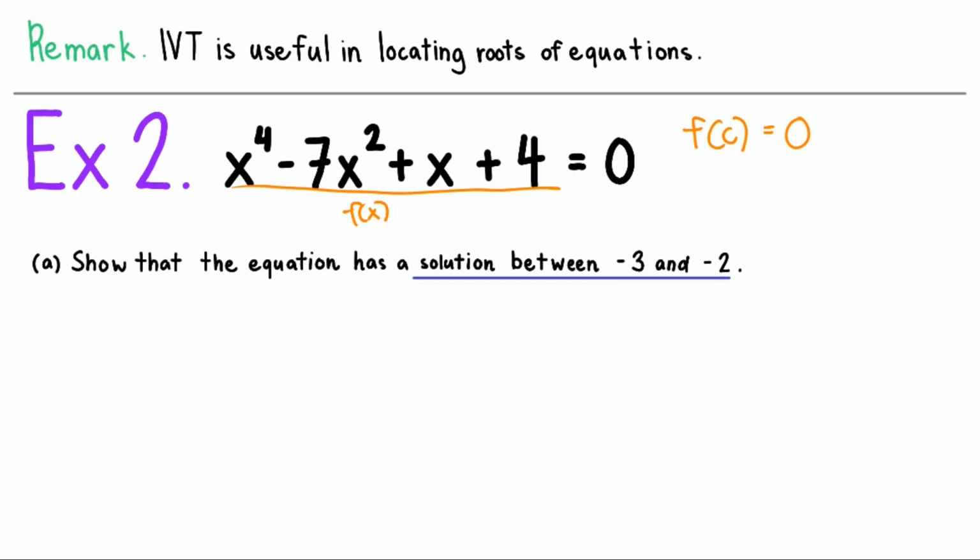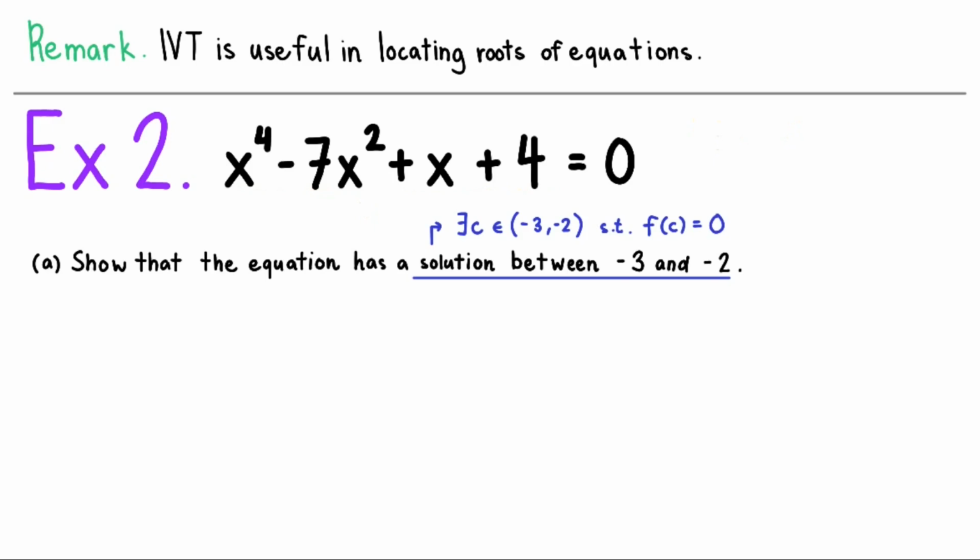So to define that, this one will have a solution between -3 and -2 if there exists a c between -3 and -2 such that f of c is equal to 0. So as you can see, this one is quite parallel already to the IVT definition. So far so good.